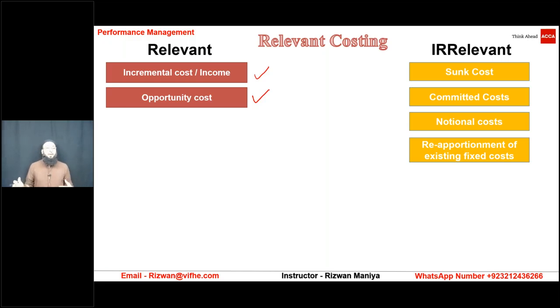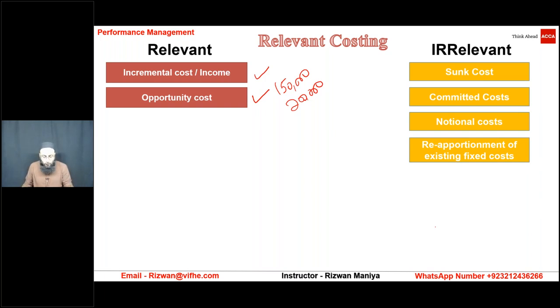For example, currently you are doing a job of 150,000, and all of a sudden you get an offer of a 200,000 job. Keeping in mind the financial benefits, you will switch from 150,000 to 200,000. Are you getting my point?